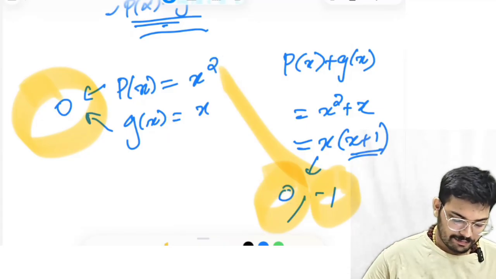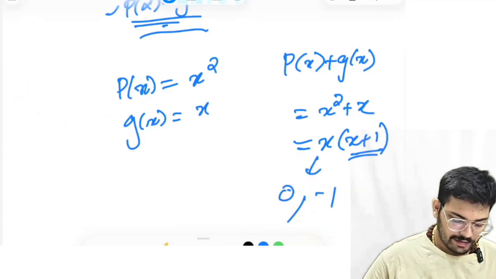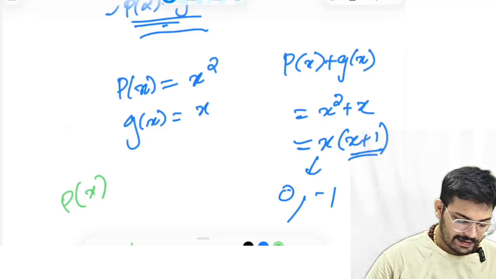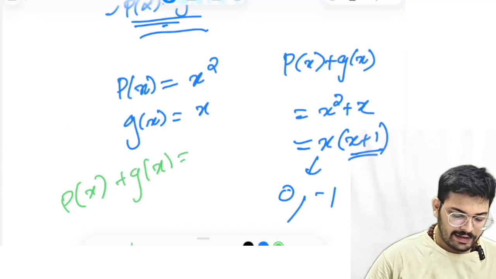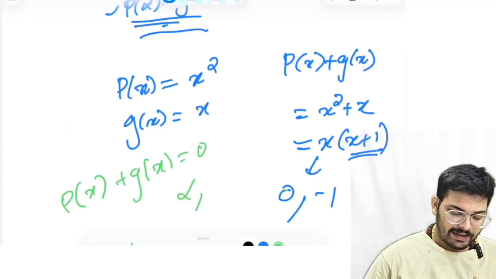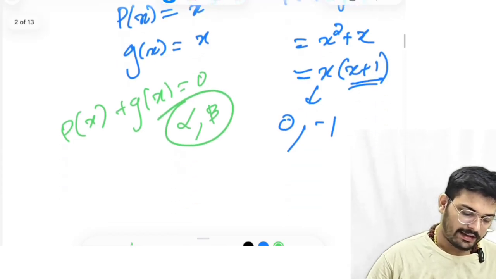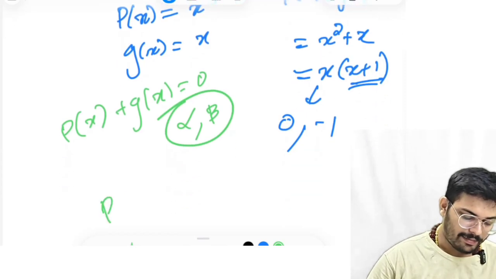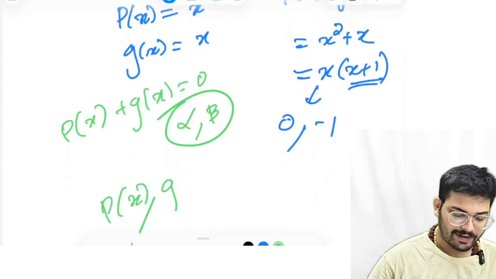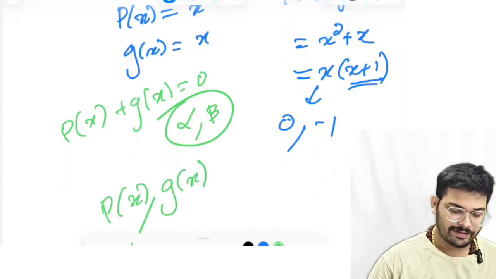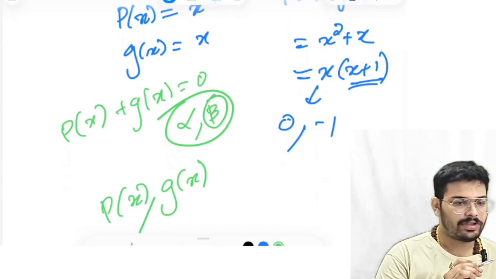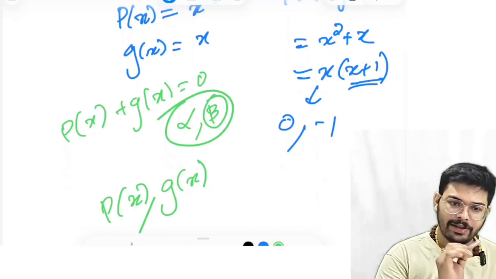Suppose you are given polynomials p of x and g of x. When you add them, if alpha and beta are the roots of the sum, alpha can be a root of p of x and alpha can be a root of g of x. Similarly, beta can be a root of p of x and beta can be a root of g of x.